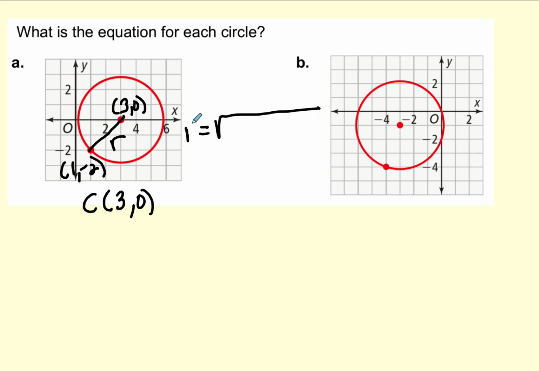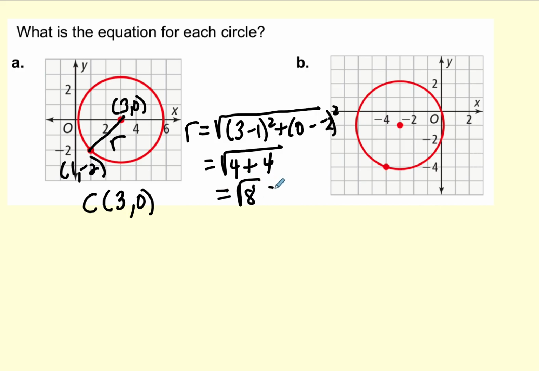So that's my radius, and so this is going to be 3 take away 1 squared plus 0 take away -2 squared, and that'll be 4 plus 4, so this is root 8, and root 8 we can just leave as root 8.